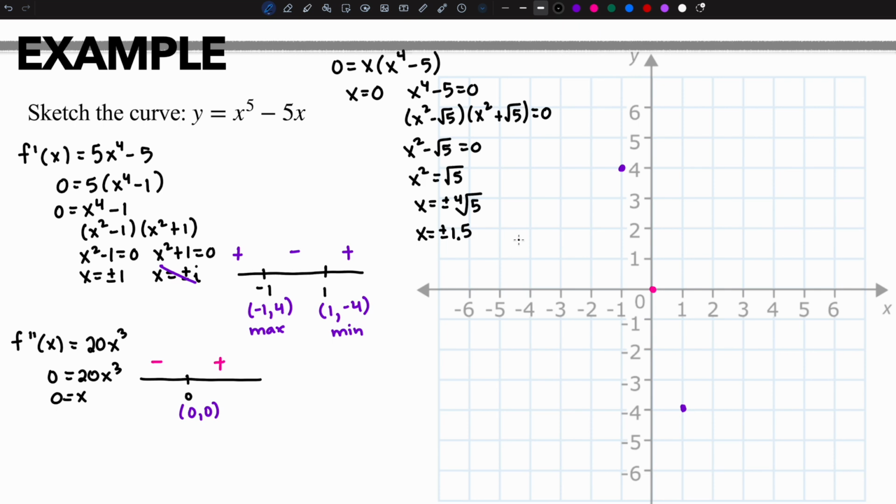So I know that at negative 1.5 and positive 1.5, it's going to cross the x-axis. So what it looks like is this graph will first increase to this point, then decrease, and at 0, 0, it turns from concave down to concave up. And that is roughly what the graph is going to look like.